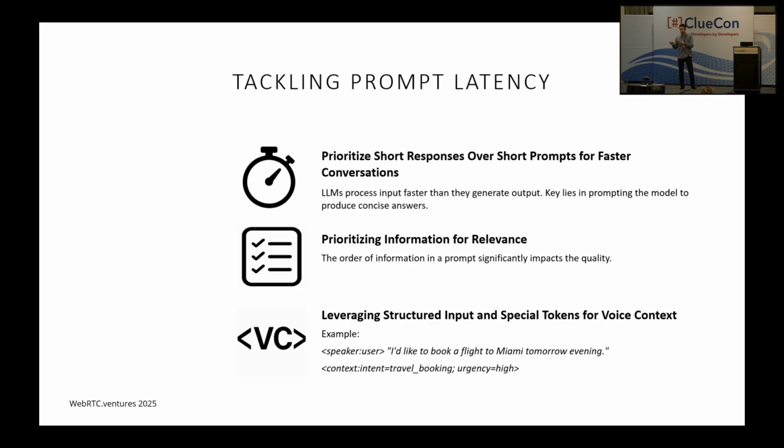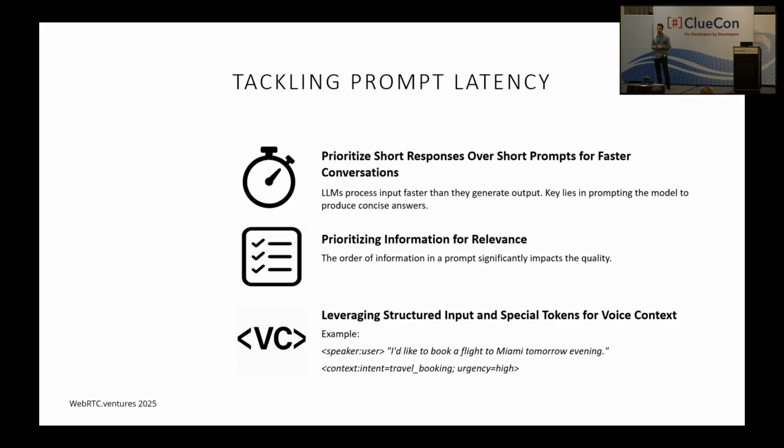If you send them a long input, it's not that big of a deal. But sending back outputs will be much slower because of how they are built. So that's what you want to configure the prompts for. Also for relevance, of course.